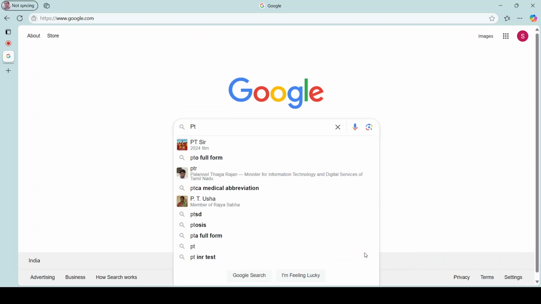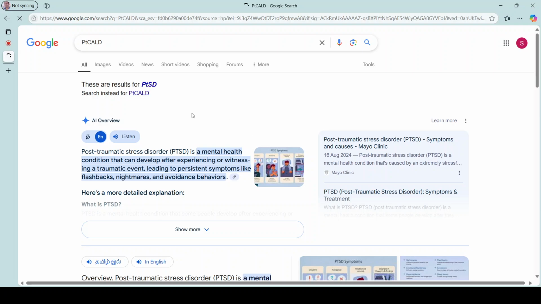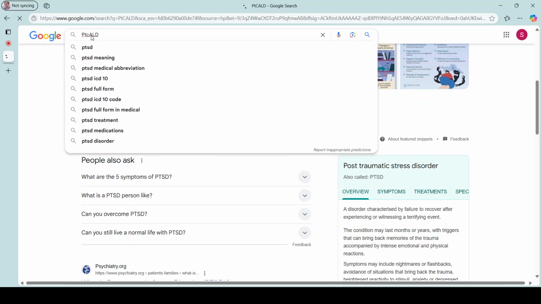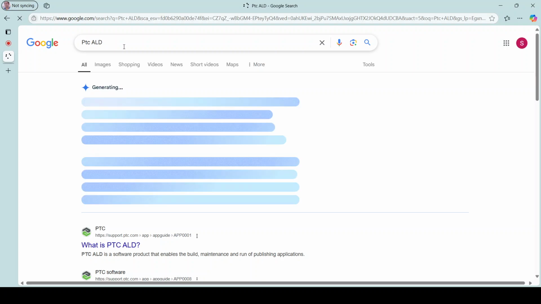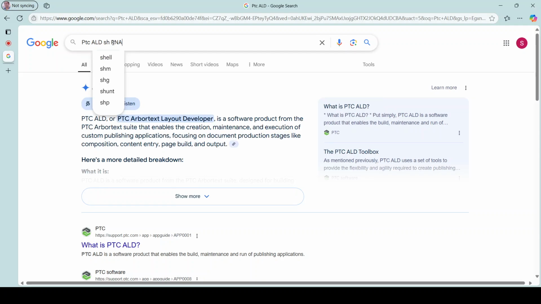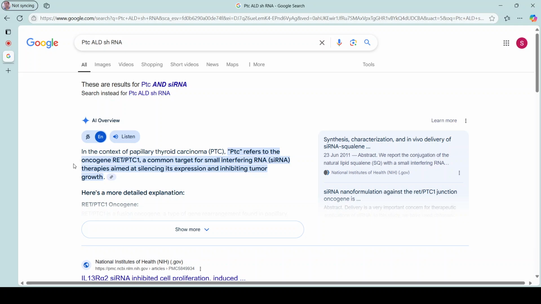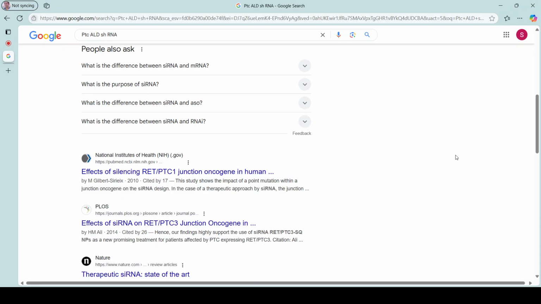PT could be the name of an enzyme. I'm not sure. I'm not able to get that.